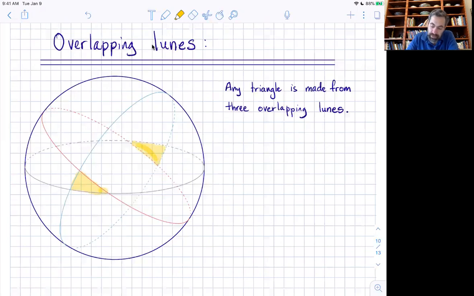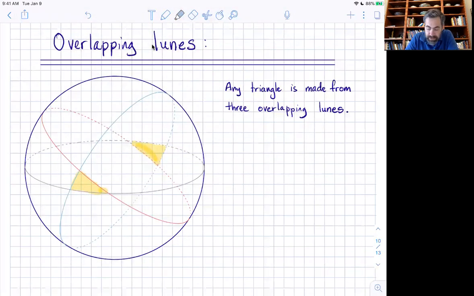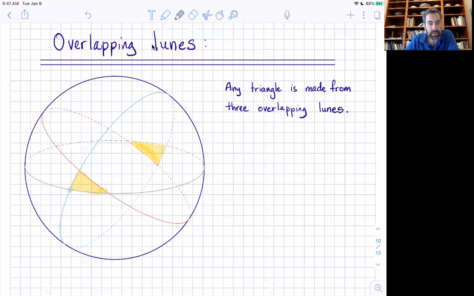The other thing to notice is that we have these three double loons in this picture. Let's look at this vertex of the triangle. Over here, let me outline it without making too much of a mess.